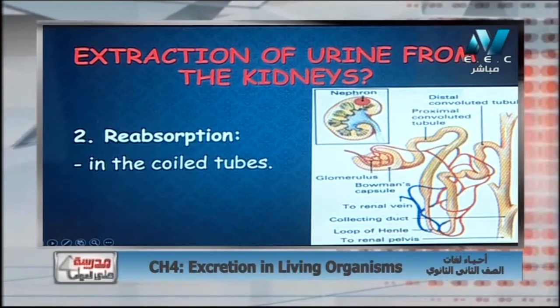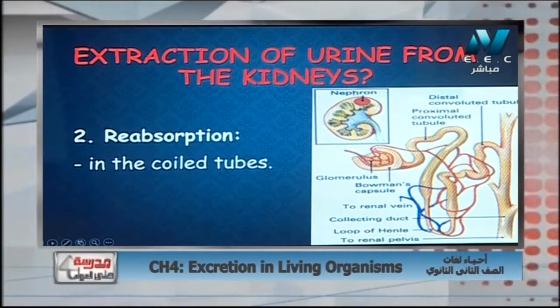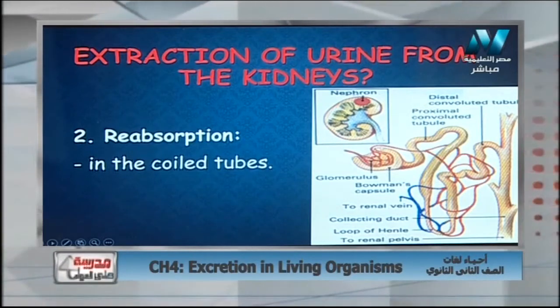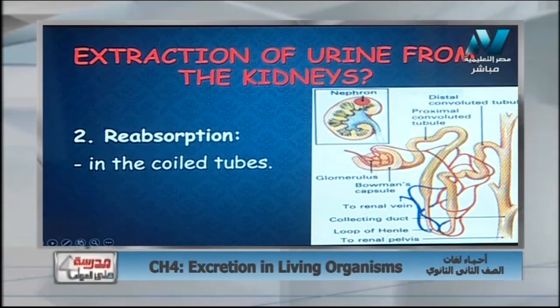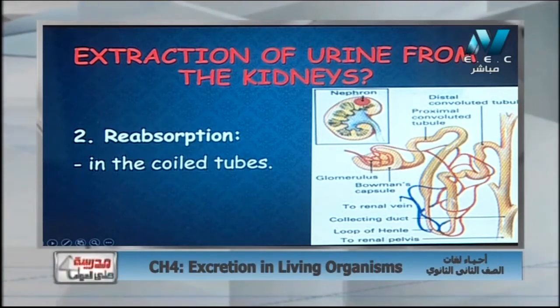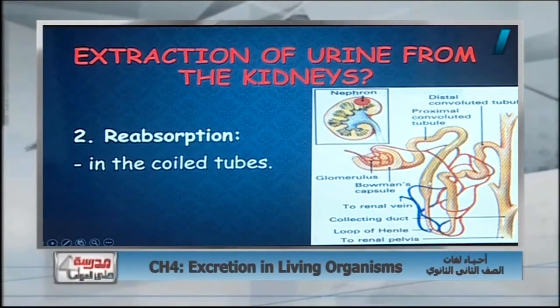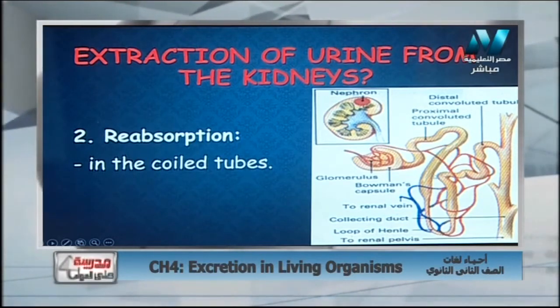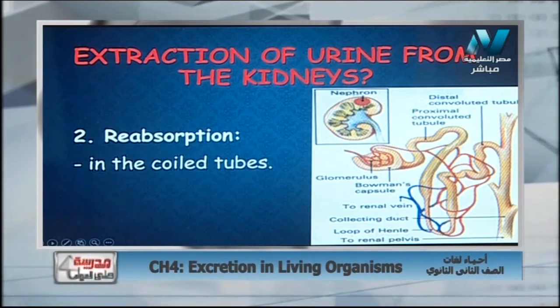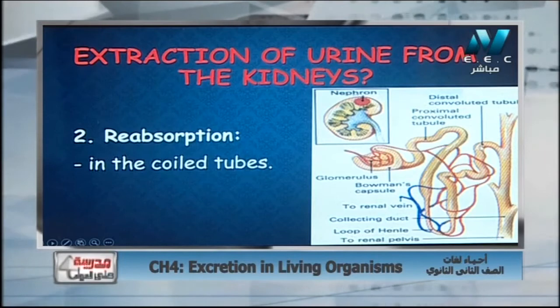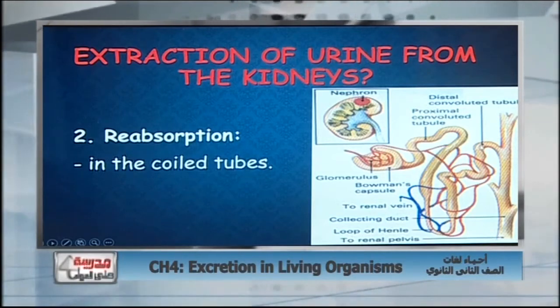As you see, the coiled tubes are also surrounded by a network of blood capillaries. So during the passage of blood in these blood capillaries around the tubules, it reabsorbs, as we said, the required amounts of water and salts. The rest of the materials that remain inside the coiled tube is the urine.